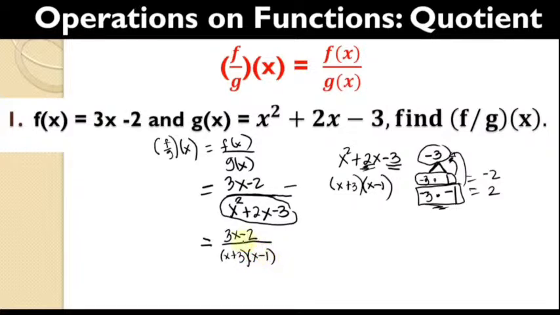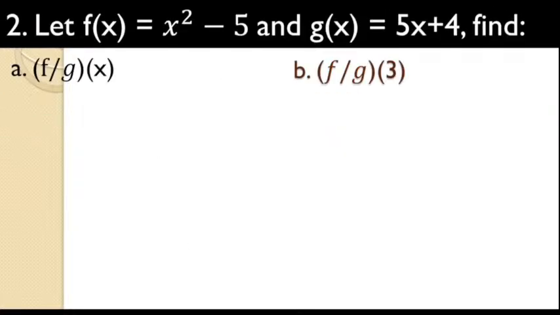So that is our final answer to find the quotient of the given function. Pag hindi na ma-factor yung numerator and denominator, so yung given, that is the final answer. Next, ito, example number 2, we have, okay, ito, tingnan natin.